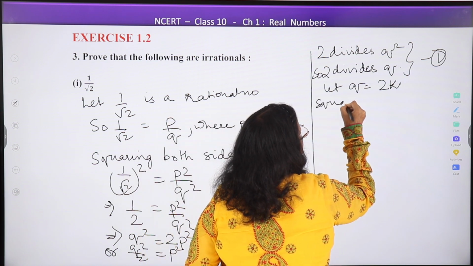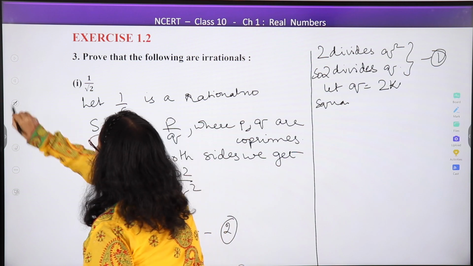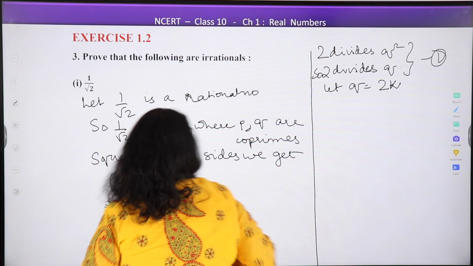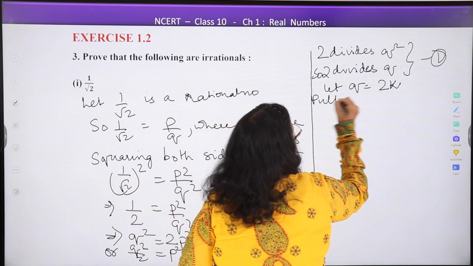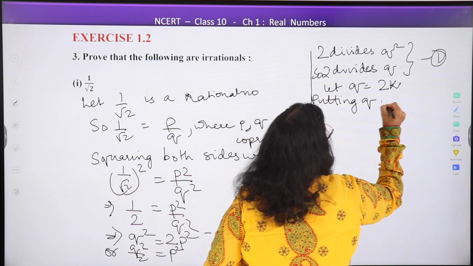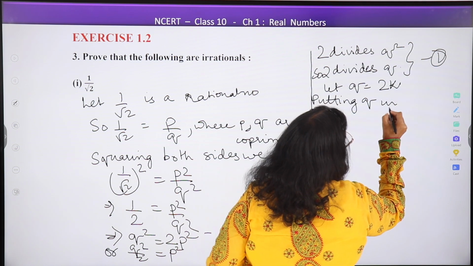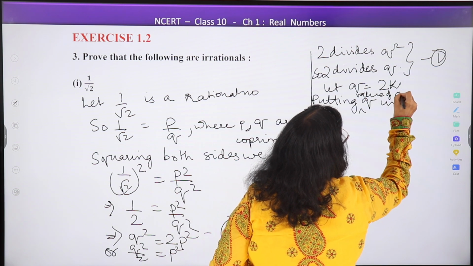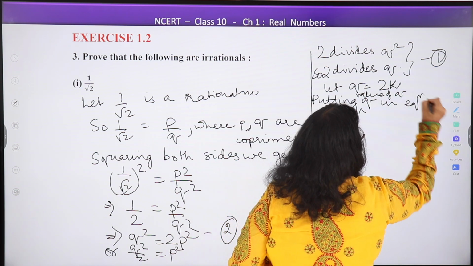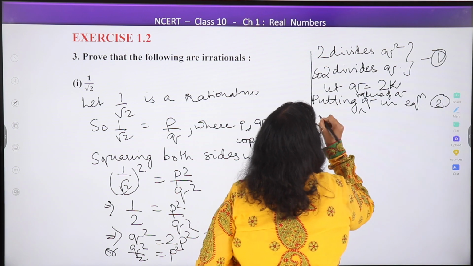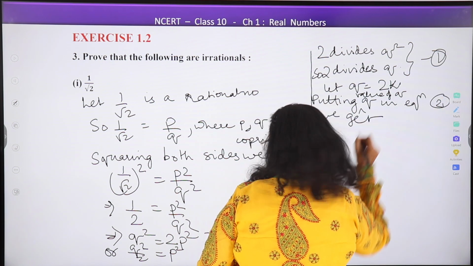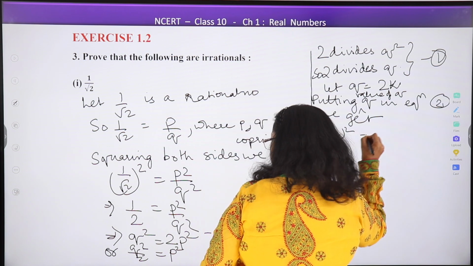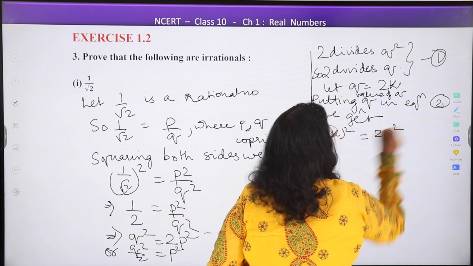Squaring. First we will put it in the equation. Putting value of Q in equation 2, we get 2K whole square is equal to 2P square.